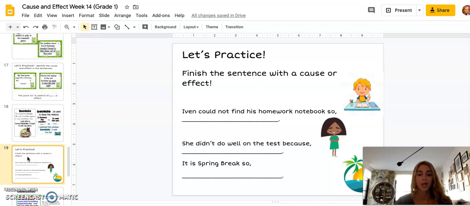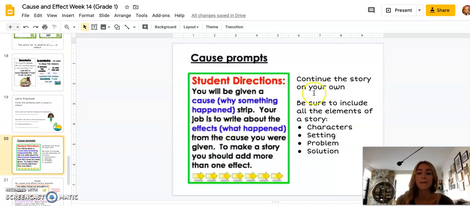The next one, she didn't do well on the test because, let's think about why. Because she didn't study. That could be another reason why. It is spring break, so we go to the beach. Perfect.